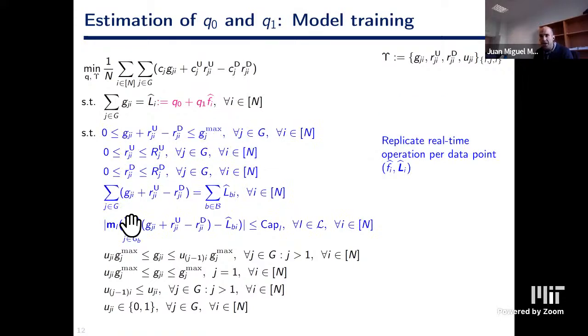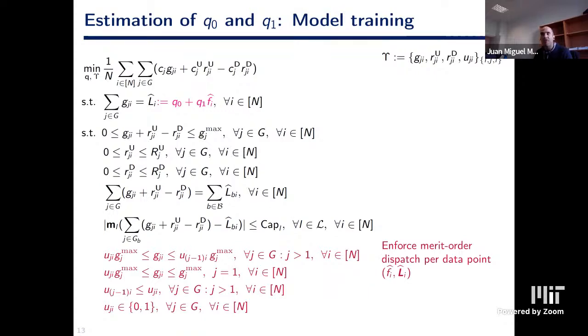This set of constraints that I have highlighted in blue replicate the real-time operation of the power system, the real-time market, per data point Fi, Li. And this set of constraints enforce the merit order dispatch that drives the forward market, again per data point, the simple forward market that we have considered.